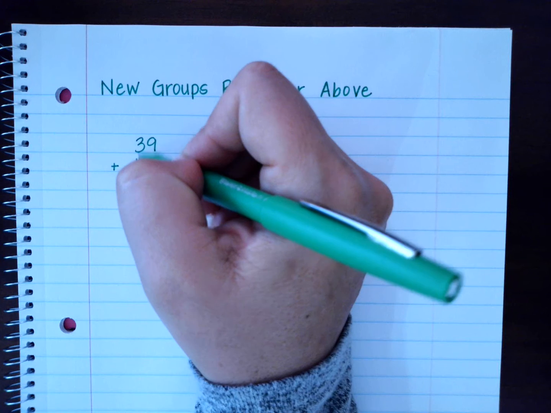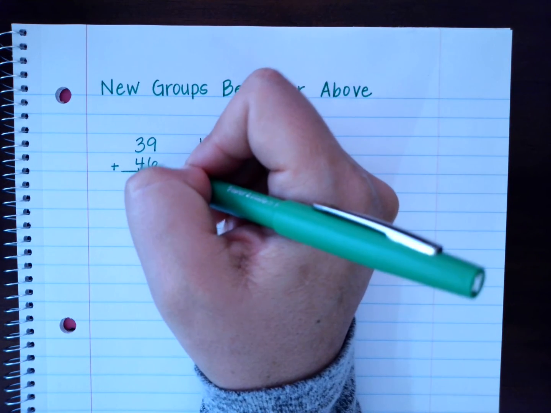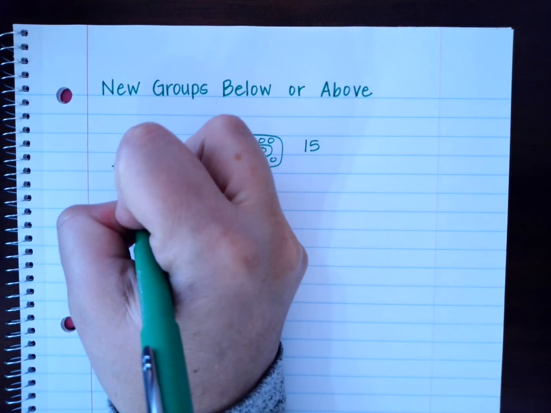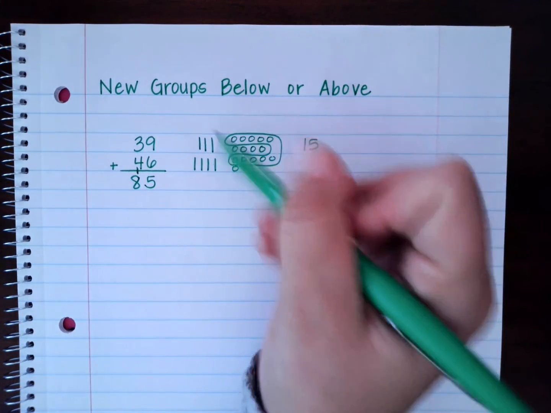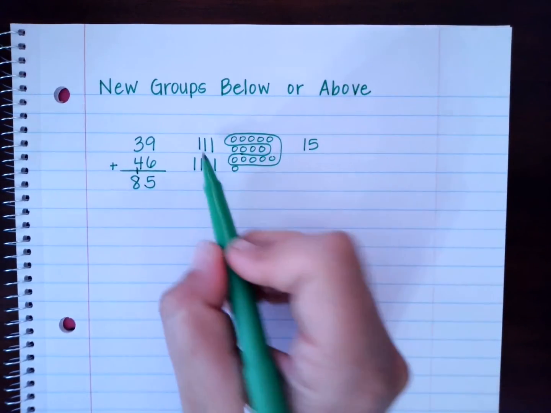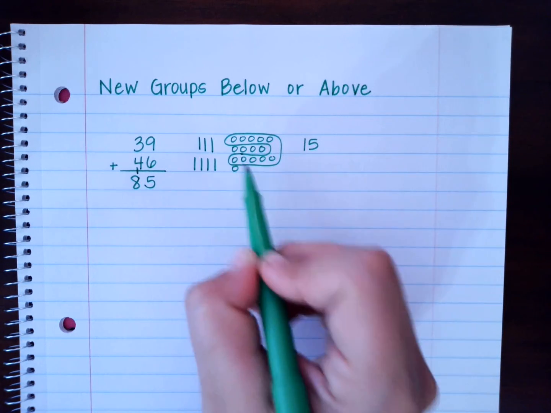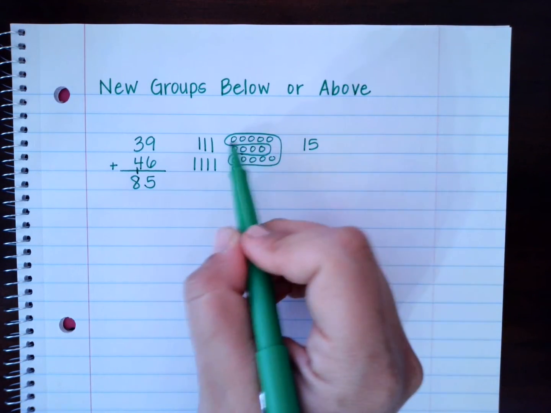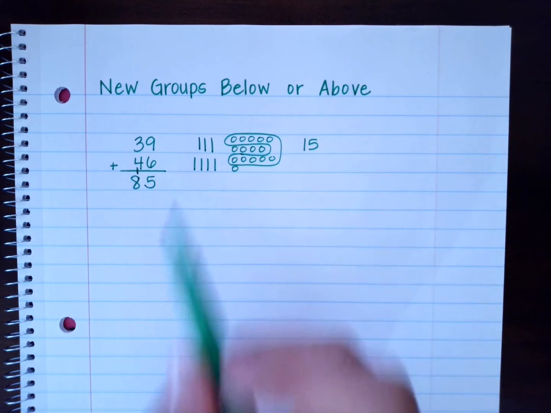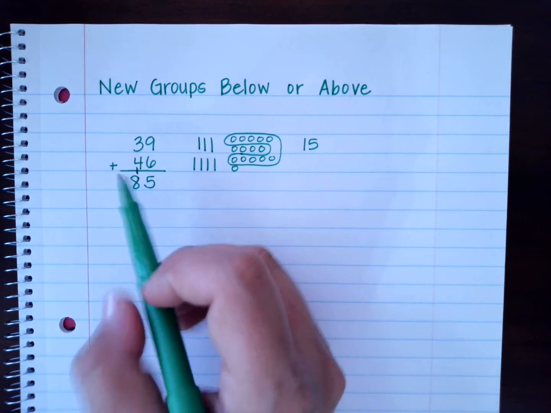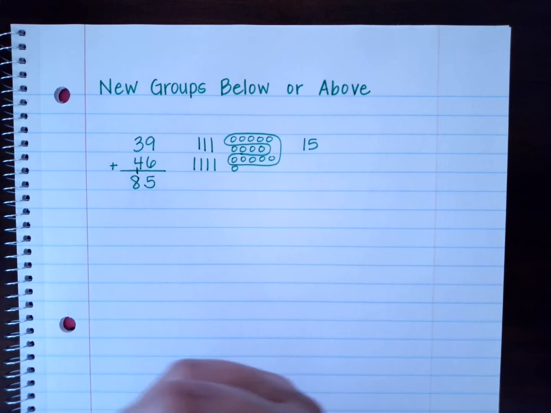So 3 tens plus 4 tens, that's 7 tens, plus 1 extra gives me 8. Now, if I were to go back over here and look at my drawing, I know I have 1, 2, 3 tens right there, 4, 5, 6, 7 tens, plus this extra one right here to give me 8. So this method is called new groups below because your new group of 10 goes below your tens town.